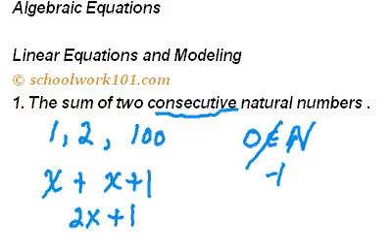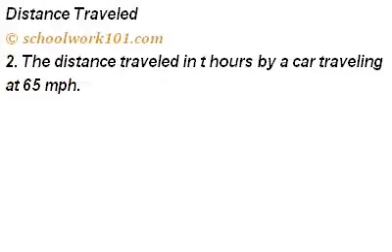All right, let's look at another problem. In this particular one, we've got distance traveled. The distance traveled in 2 hours by a car traveling at 65 miles per hour. So we're going to need to know the distance formula, the relationship between distance and time.